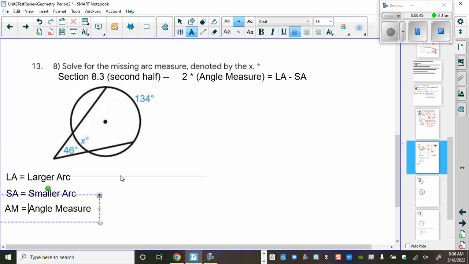Out of these three things that are given to us, or these three things that we need to know, what's given to us in this diagram? Who could tell us what you think is given to us in this diagram? Which one? Which arc? Is it the larger or smaller arc? Larger arc is 134.